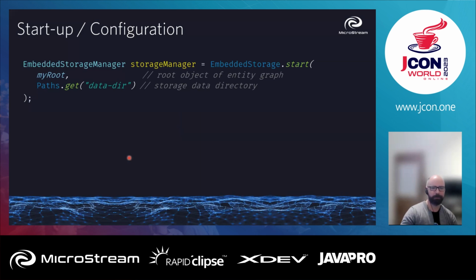And at the start of the storage manager, if there's existing data in the storage layer, in a binary layer, the root object will be reconstructed automatically. That's a default behavior. Everything which is not declared as lazy will be loaded eagerly. And I'll show you later how you can define lazy loading points to not load the entire database into the RAM at the startup.